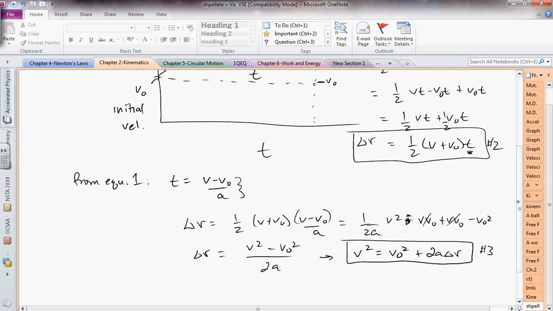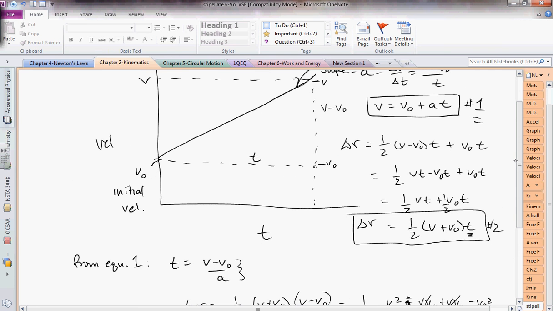So just kind of going back a little bit here. Each of these equations serves a certain purpose, and when you work a problem, you'll have to see what variables are given to you, and that will help guide you as far as what equation you have to use. For instance, for equation 1, if you have time, acceleration, and initial velocity, you can use equation 1 to find the final velocity.